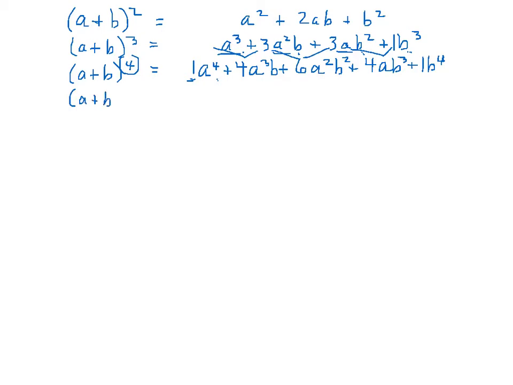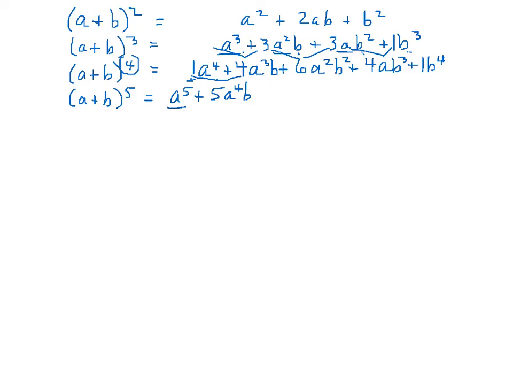And (a + b) to the fifth power, we're going to start off with a to the fifth. 1 and 4 give us a 5 here. Then, of course, we have the a to the fourth. Start off with a to the fifth, now it's a to the fourth. And we bring in that b, the second term.